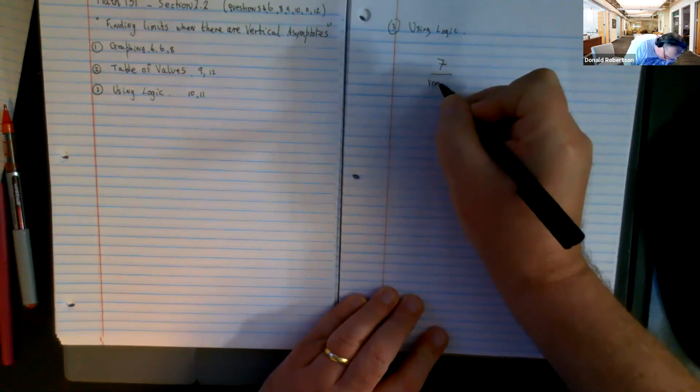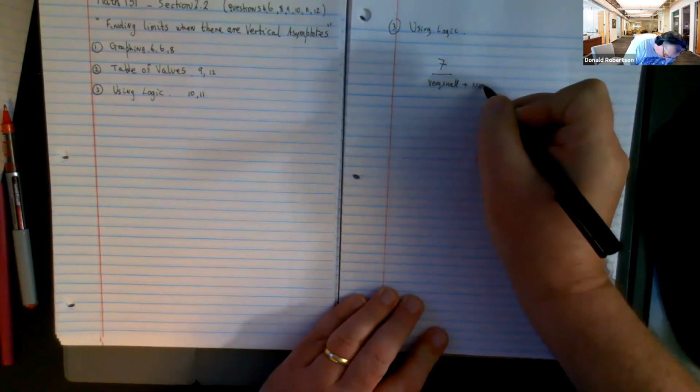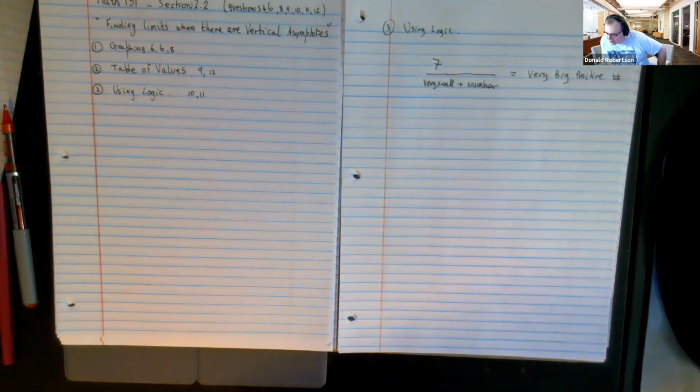Do you know if you take 7 and you divide it by a very small positive number, the answer you get is a very big positive number? Does that seem logical? Does that seem a reasonable assumption?